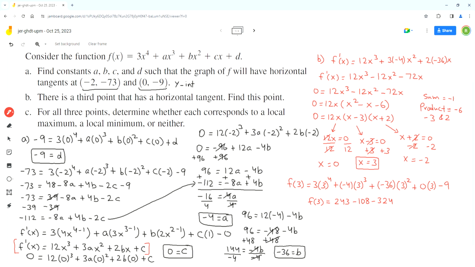So 0 times 3 is 0, so it goes away, and then negative 9.